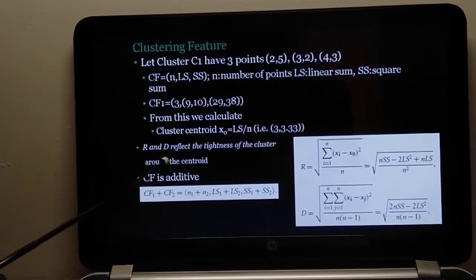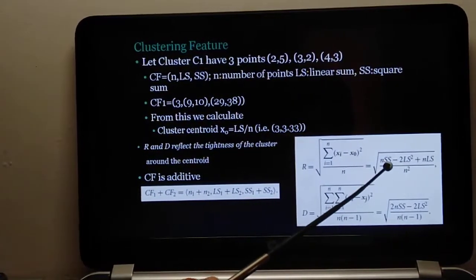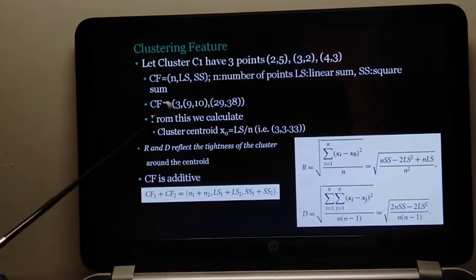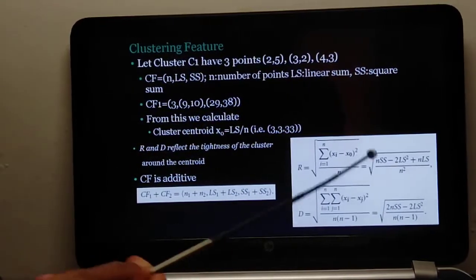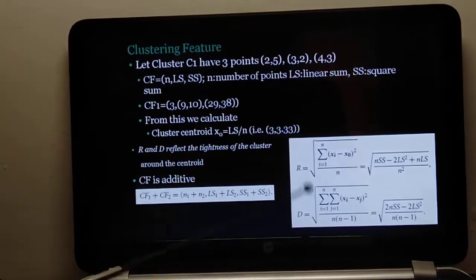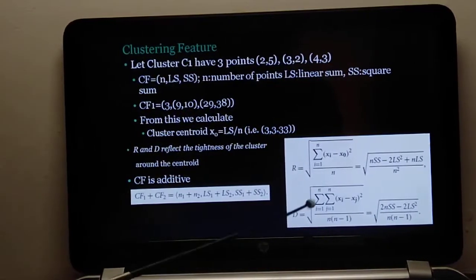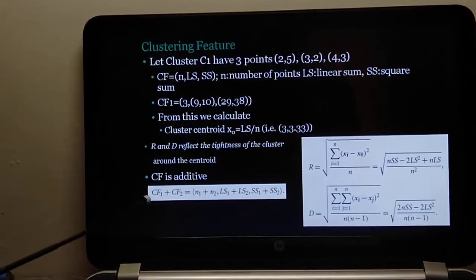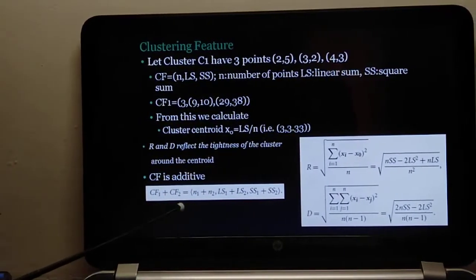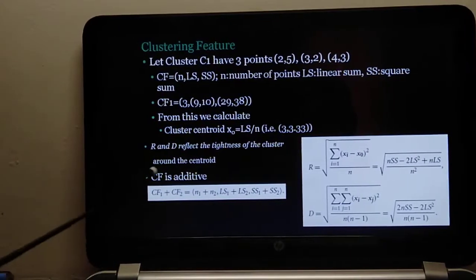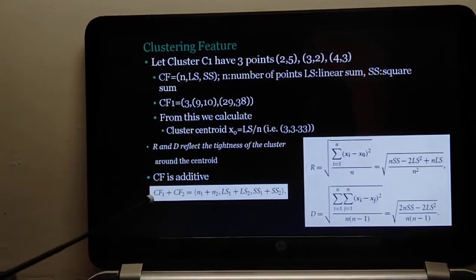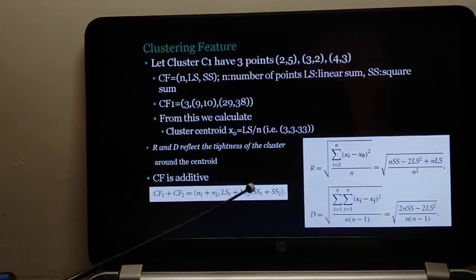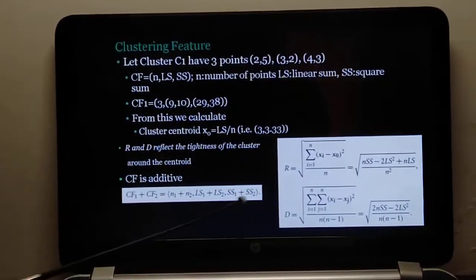Okay. Now, calculating R and D. Look at this formula. It is calculated from SS, LS and N. So if we have stored the values of N, LS and SS, we can calculate the radius of the cluster and we can calculate the diameter of the cluster. Now, because I am drawing the tree structure, if I have got two clusters CF1 and CF2 and these two are leaf nodes, then the parent node will be represented by CF1 plus CF2. So N1 plus N2, LS1 plus LS2, SS1 plus SS2 will be the elements.